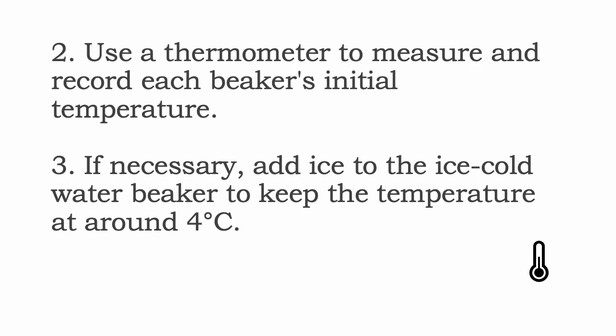The next thing we need is a thermometer to measure and record each beaker's initial temperature, which gives us a chance to add ice or ice cold water to the beakers so we can keep the temperature at around 4 centigrade.